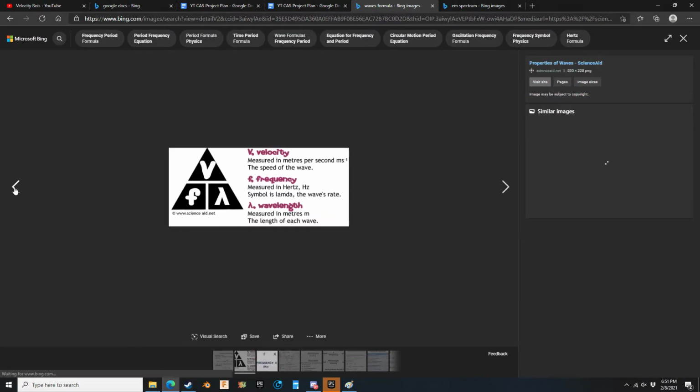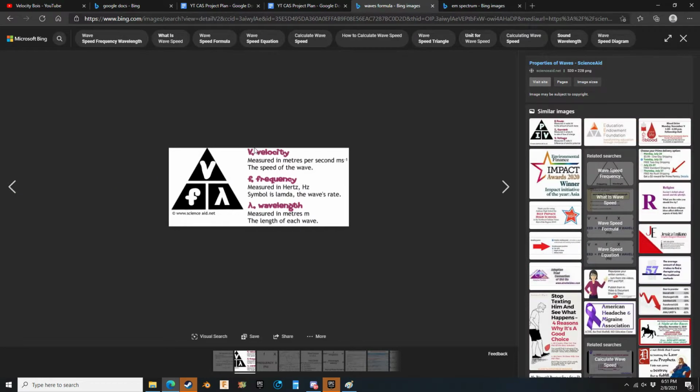Here is a good one, arranging it into a triangle, which makes it easier. So v over f is equal to lambda, v over lambda is equal to f.